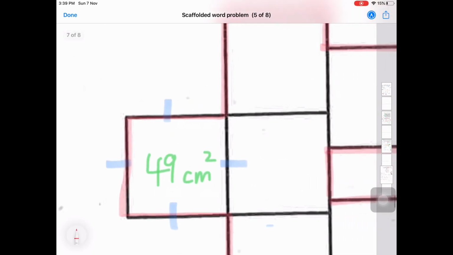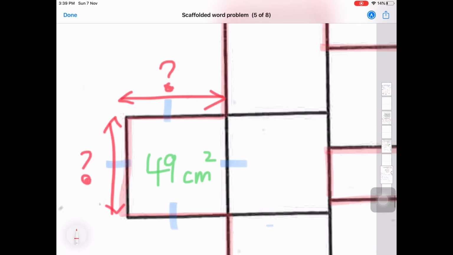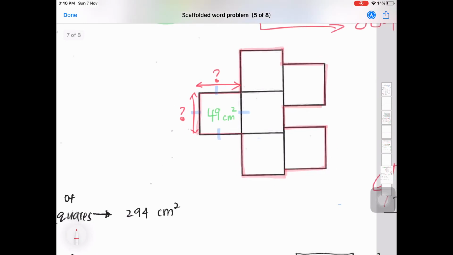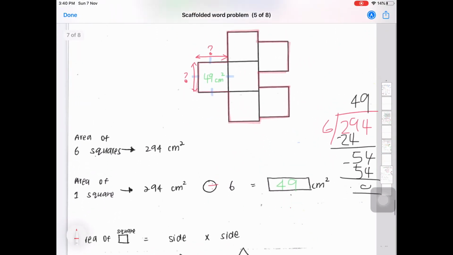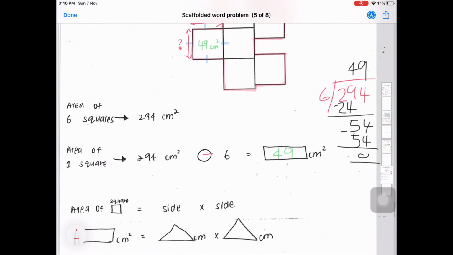To find the side of the square, we can take the side, which is the question mark, times the side, which is also the question mark. It will give us the area, which is 49 square centimeters. So the area of a square is side times side.